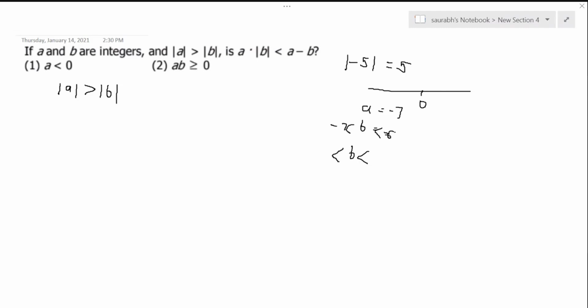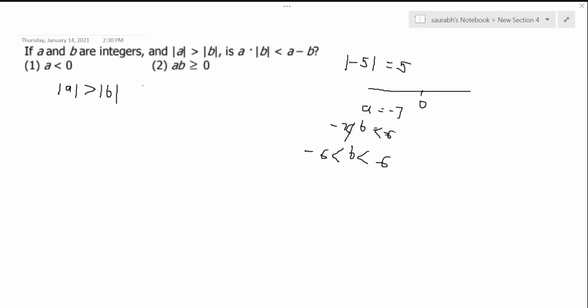If your A is minus 7, then B has to be between minus 6 and 6. So it can't even be minus 7. So now the absolute value of B will always be less than the absolute value of A. They can't even be equal.